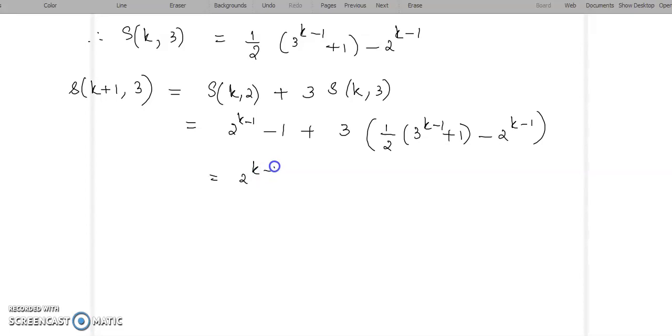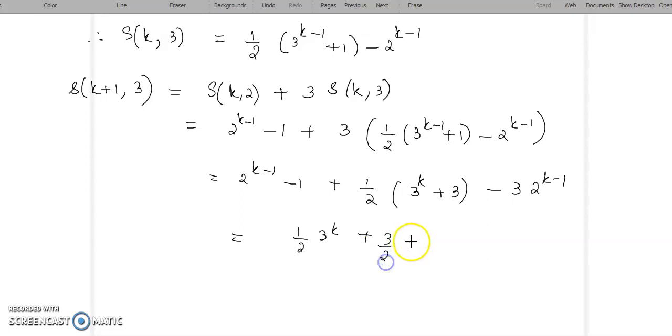So that is 1 by 2 times 3 raised to k, plus 3 by 2.